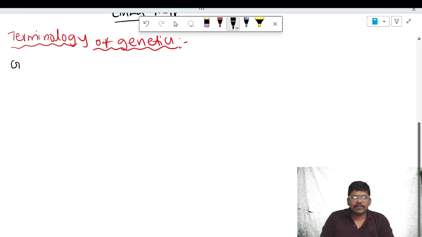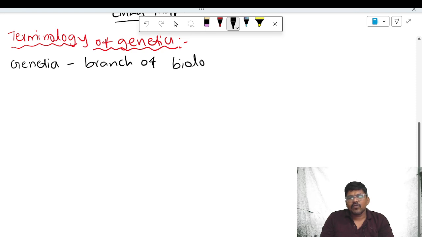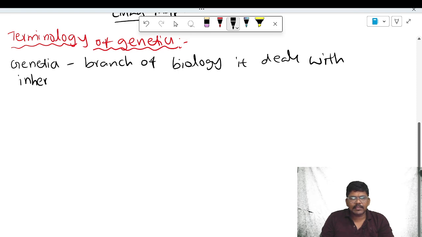First, we will see what genetics is. Genetics is a branch of biology which deals with the study of inheritance and variation. Inheritance means how the characters are transferred from one generation to another generation.